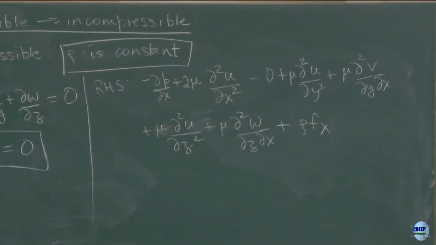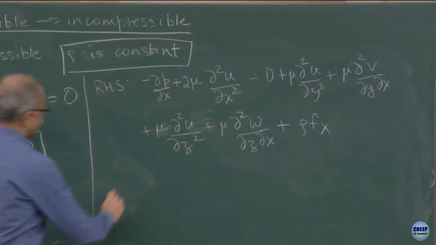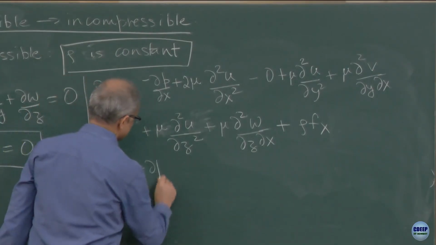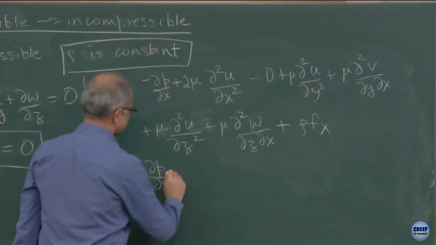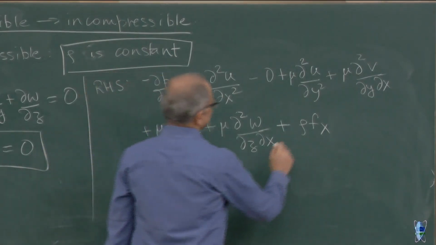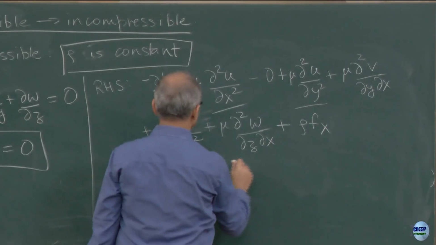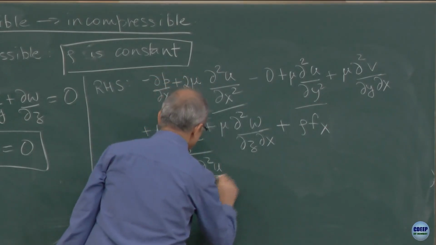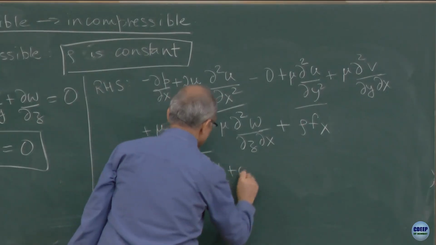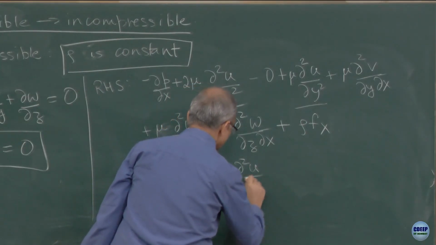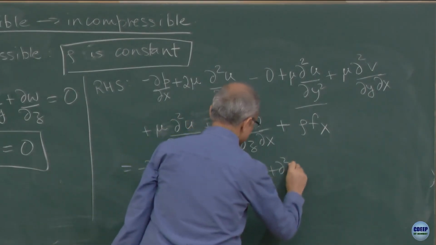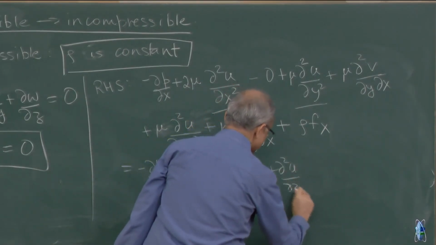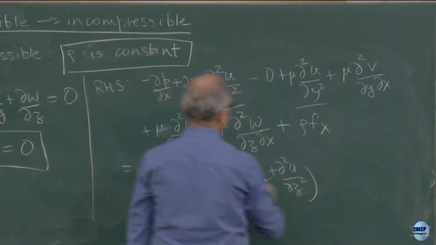There are no approximations that we have now introduced. This is what we have at this stage, which we can further simplify as minus ∂p/∂x plus, I am going to keep these three terms together: mu times ∂²u/∂x² plus ∂²u/∂y² plus ∂²u/∂z².